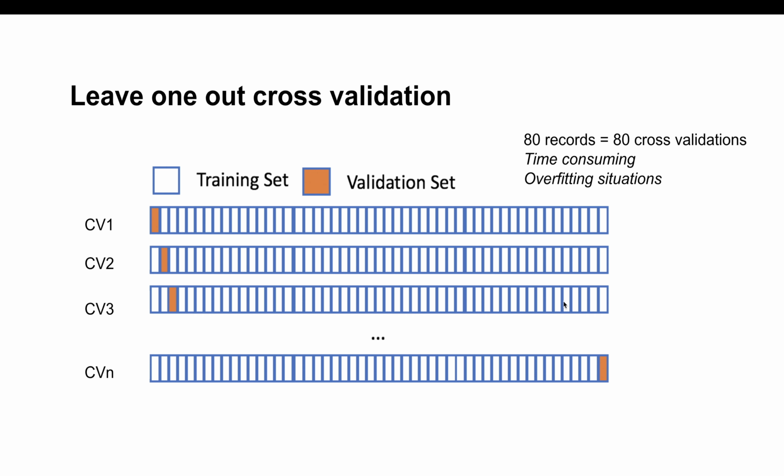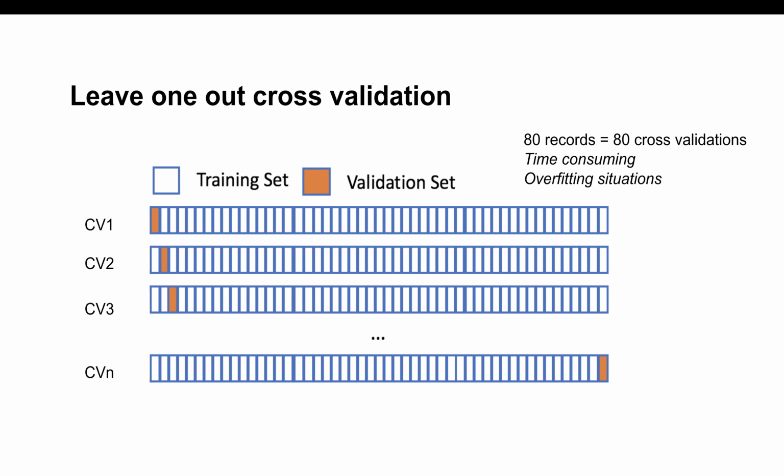So eventually, in leave one out cross validation, you are taking one record as your cross validation record, and all the rest of the records you are taking as the training set. This iteration continues for as many records as you have in your data. Now this is an old methodology and it's not used that much, but from the concept itself you will understand that it is very time consuming.